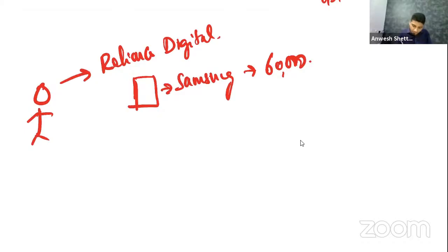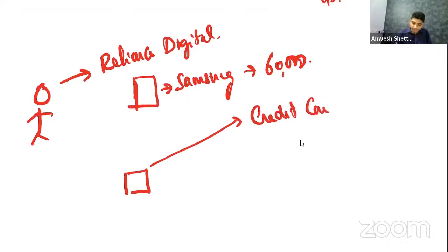Now when you swipe your card, what exactly happens, which you can't see, is that the device you are swiping on communicates with the credit card module of your bank.